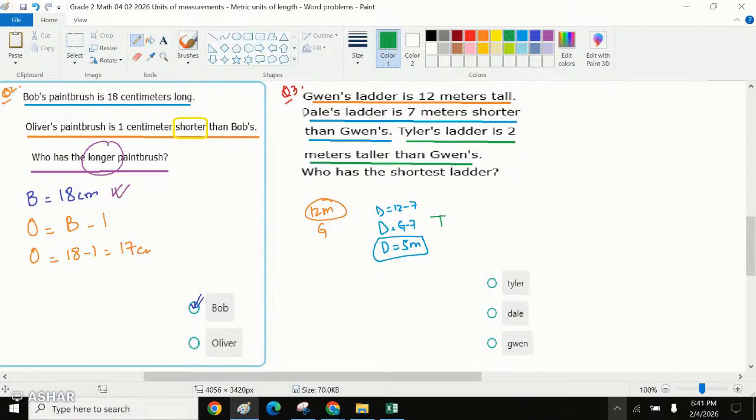Let's confirm, please. Tyler's ladder is 2 meters taller than Gwen's. That means Tyler was Gwen plus 2, which is 12 plus 2, so Tyler comes out to be 14 meters.